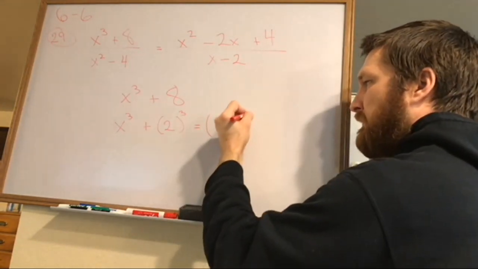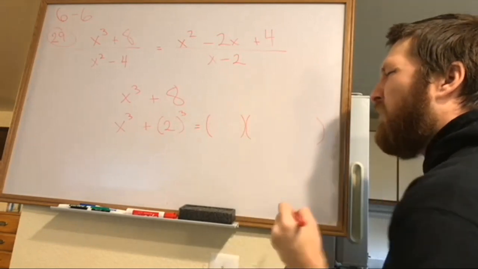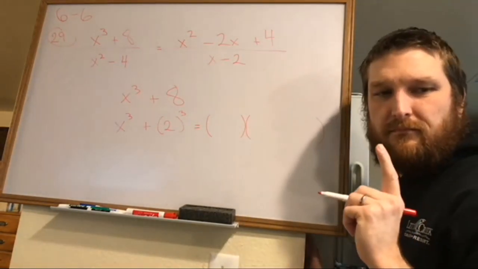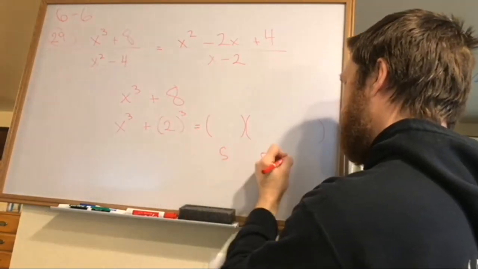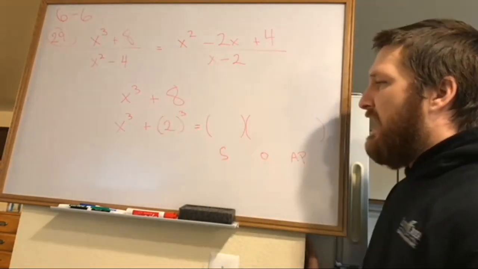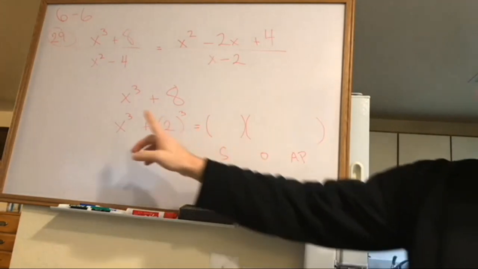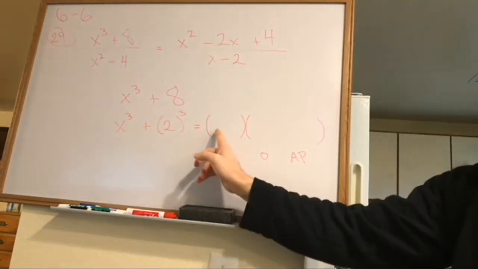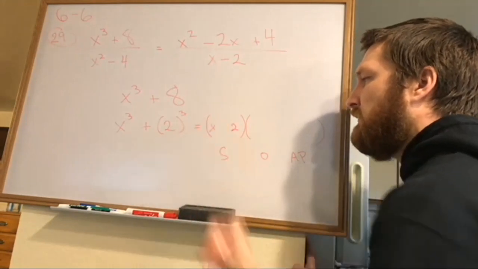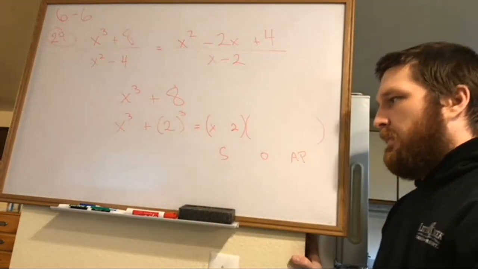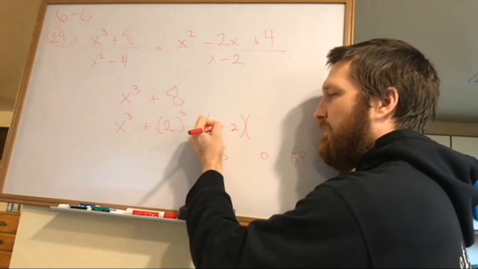What's the acronym? SOAP. So that's nice. Now, this part, it's one of these and one of these in the first, so 1x and 2. So it's going to be plus 2.